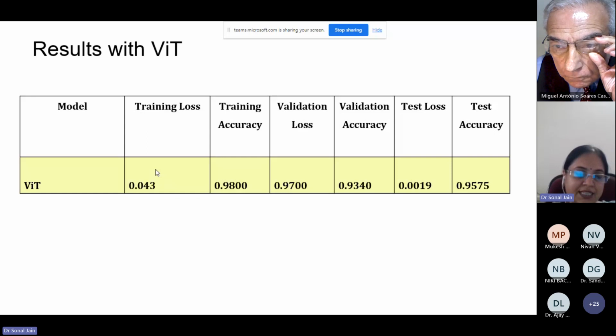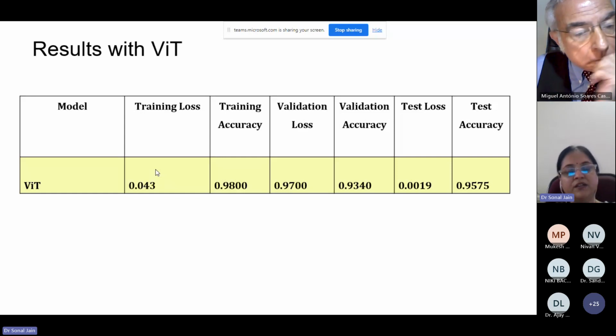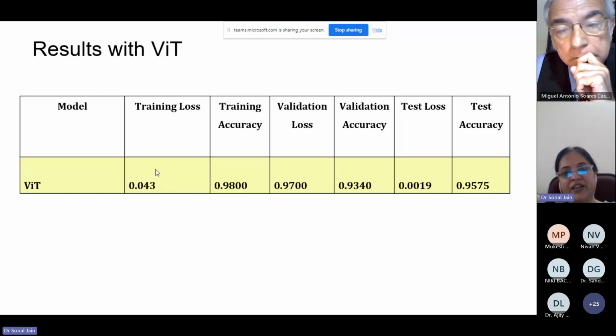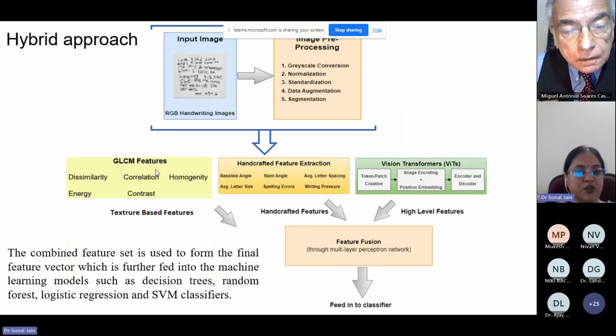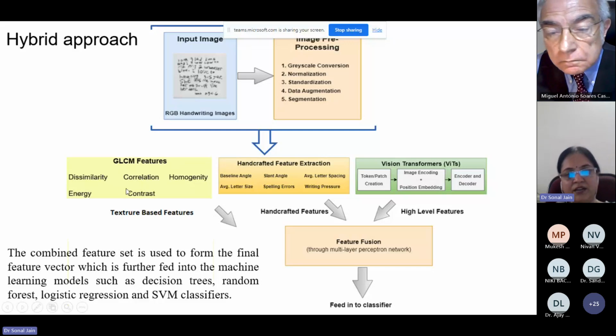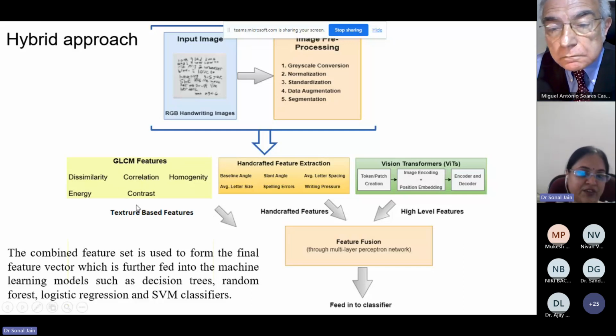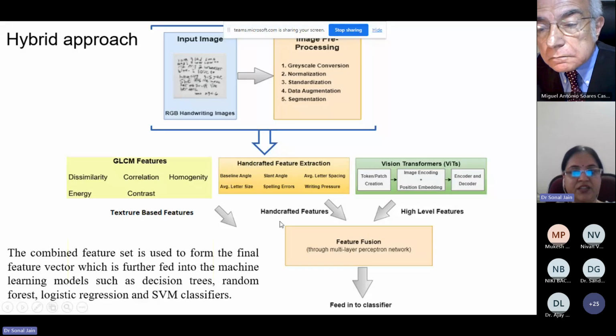With respect to quality, we had to go for ensembling, because we were not too confident when we experimented with the validation dataset. Then we thought of exploring a hybrid approach, with handcrafted features, then features using GLCM, which were dissimilarity, correlation, homogeneity, energy, contrast, basically texture-based features.